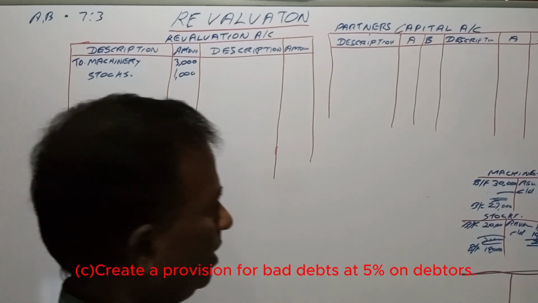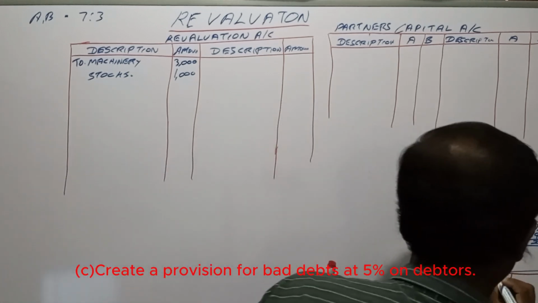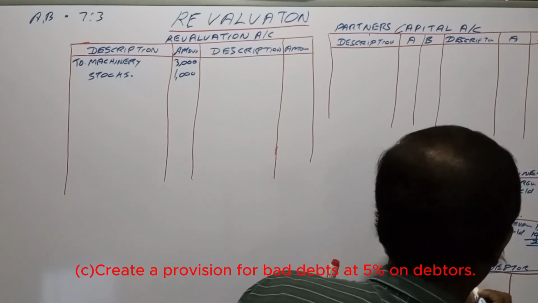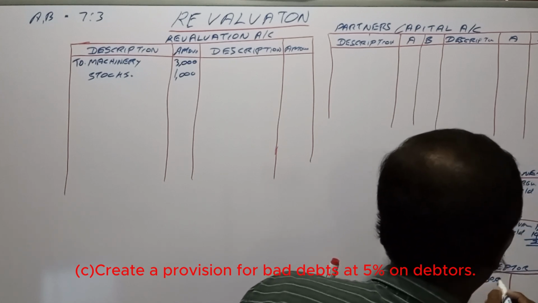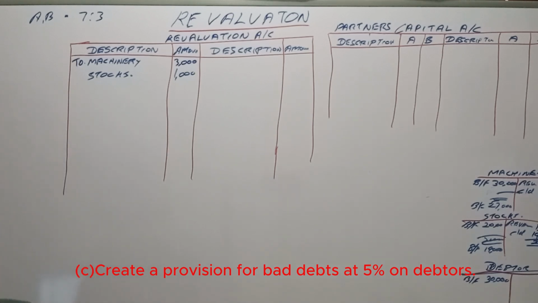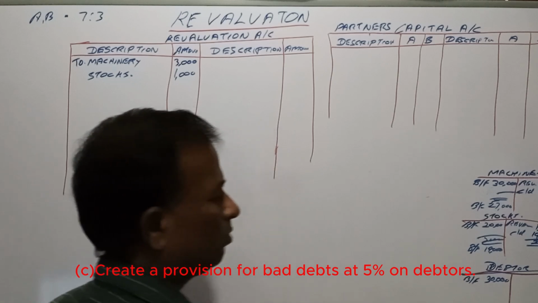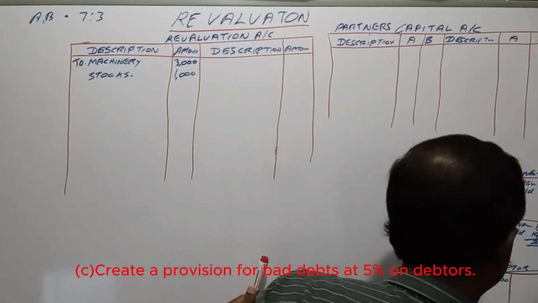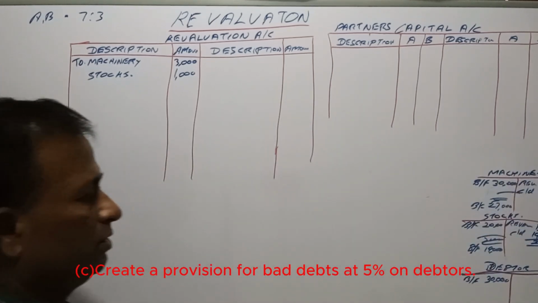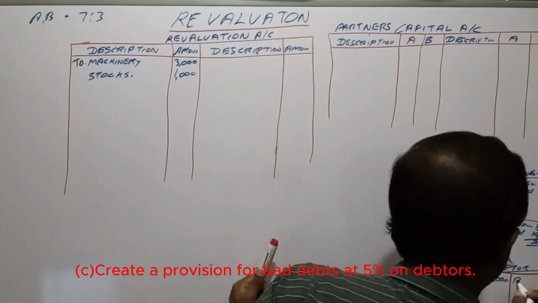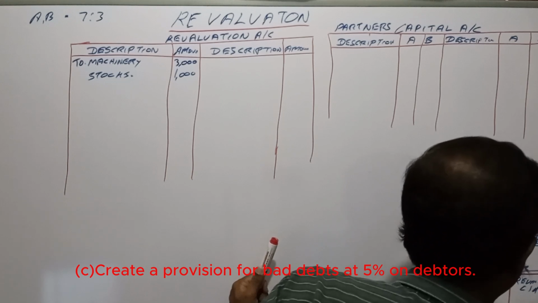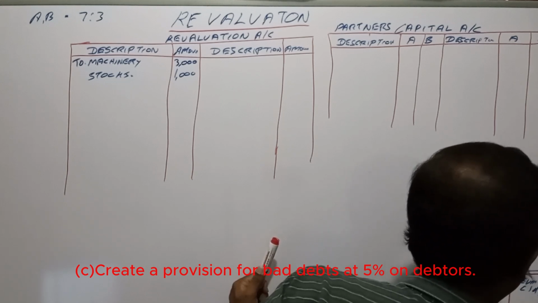Okay. And the other thing they say is bad debts. Debtors brought forward balance is 30,000. In the adjustment they say provide 5% for provision. Provision 5% means 1,500. That has to be transferred to the revaluation account. Then carried down value of the debtors will be 28,500.